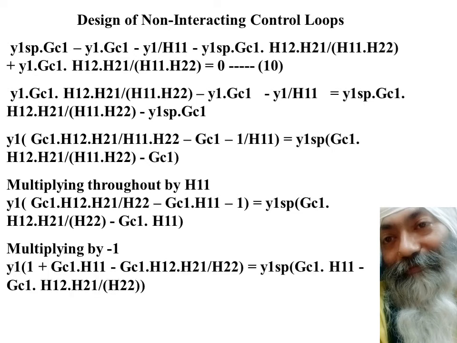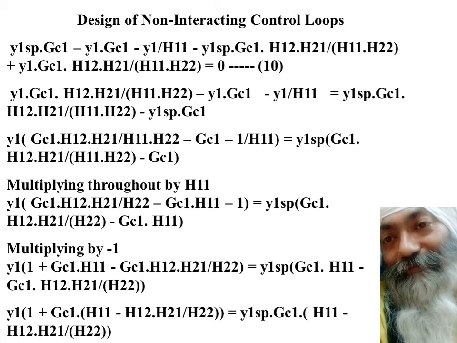equation, and this equation has y1 on one side, something in the bracket, y1 sp on the other side, and something in the bracket, and this is again rearranged in this term. So friends, this equation is very important. You will see over here that we have only y1 in terms of y1 sp.